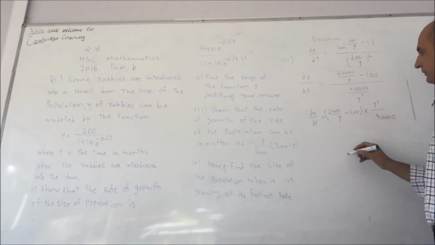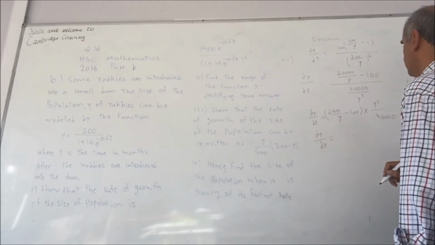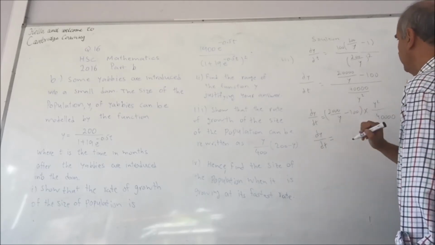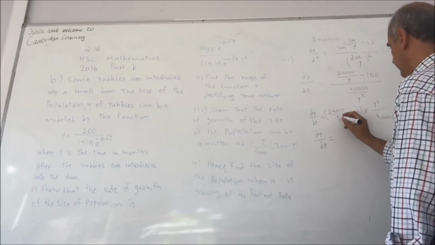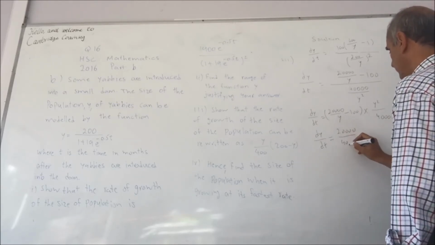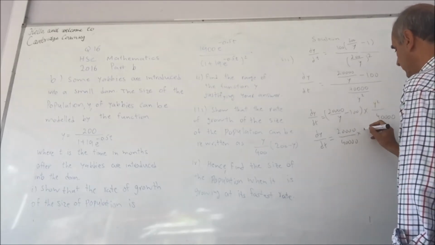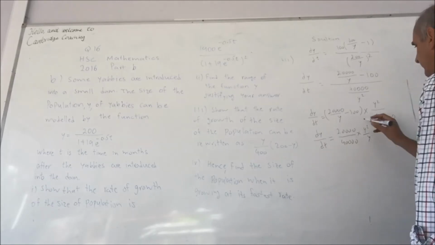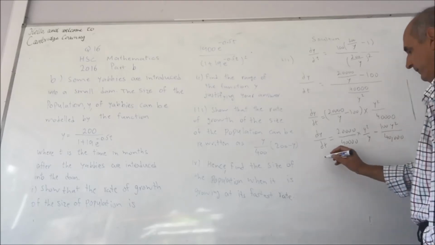Okay, so that gives me dy over dt is equal to, if I times that by that, that's 20,000. If I times that by that, it becomes 20,000 over 40,000, and that is y squared over y minus 100 y squared over 40,000.